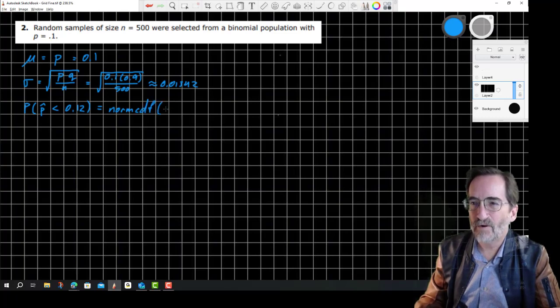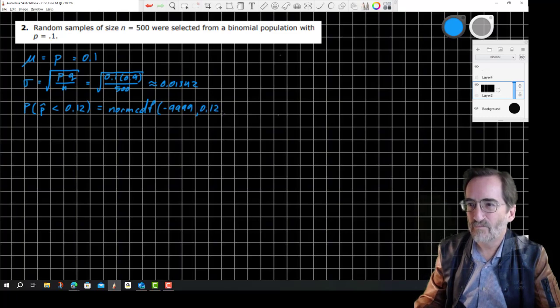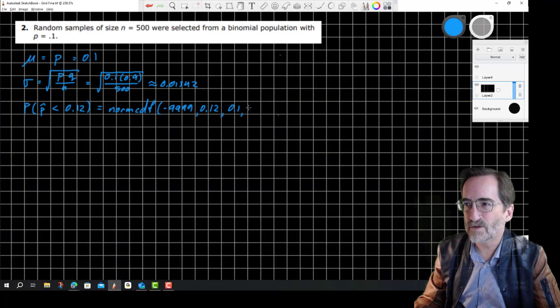Your lower bound needs to be negative infinity, so maybe negative 9999, just a really large negative number. And then the 0.12 upper bound. The mean in this case is 0.1, and for the standard deviation, you could do the whole calculation here in it, or you can just enter the value 0.01342.